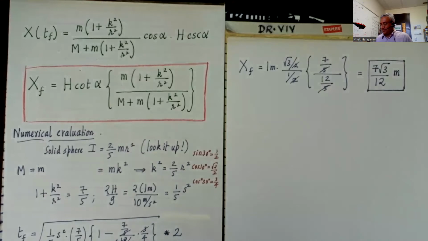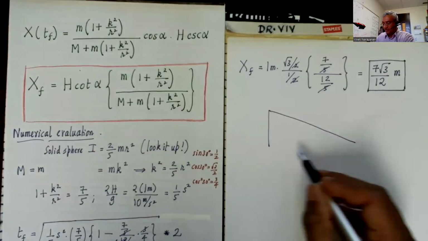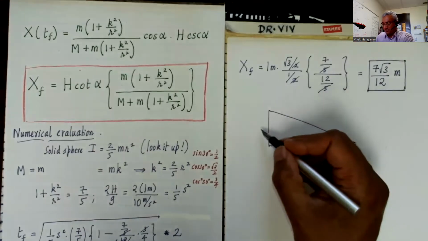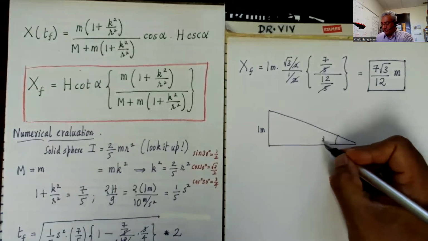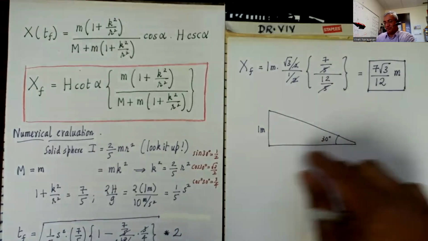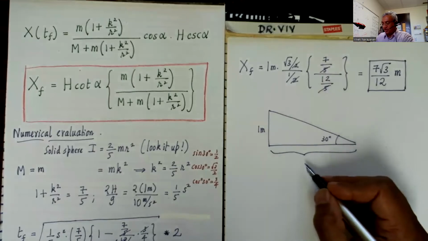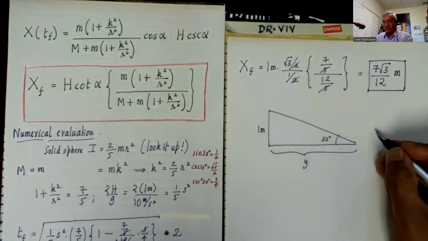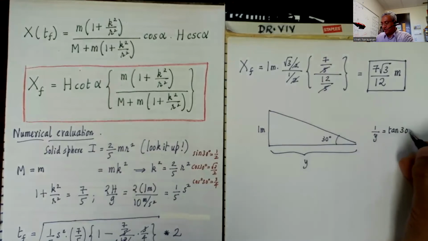Let us, I just want to make sure this thing makes sense to me. I always like to check these kind of things. That's 1 meter. This is 30 degrees. So if it comes down, let me just try this distance. If I call this distance y, then 1 over y is going to be tan 30 degrees.